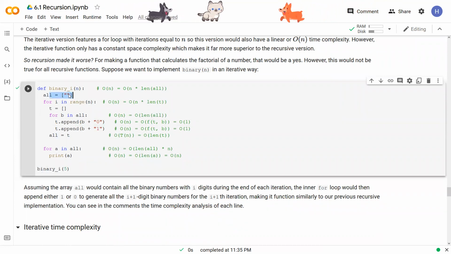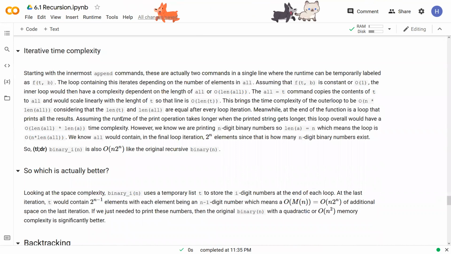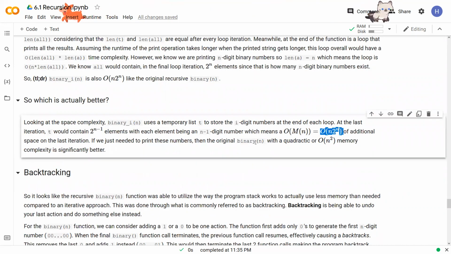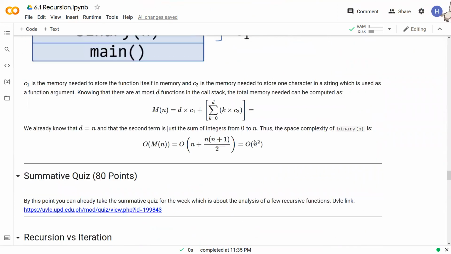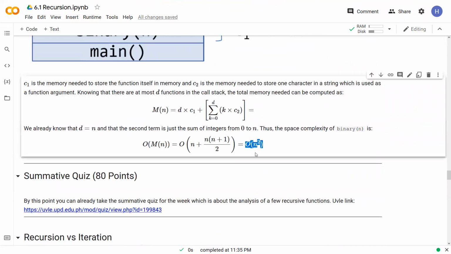Pero yon, since nagsusstore ka ng 2 to the n na elements, and each of those elements ay n digits, so that is actually n 2 to the n na space. So because of that, hindi na actually masyadong masama yung space complexity ng ating binary function na O of n squared.